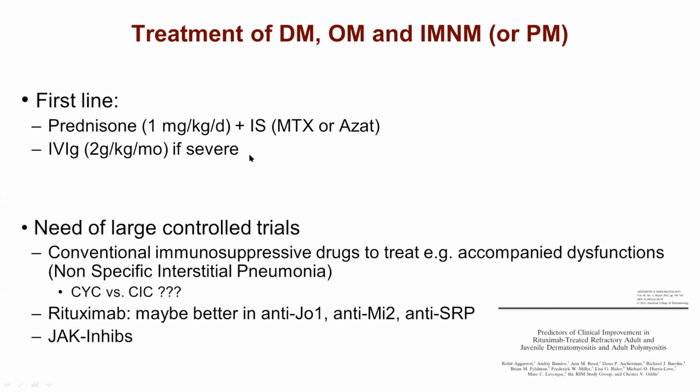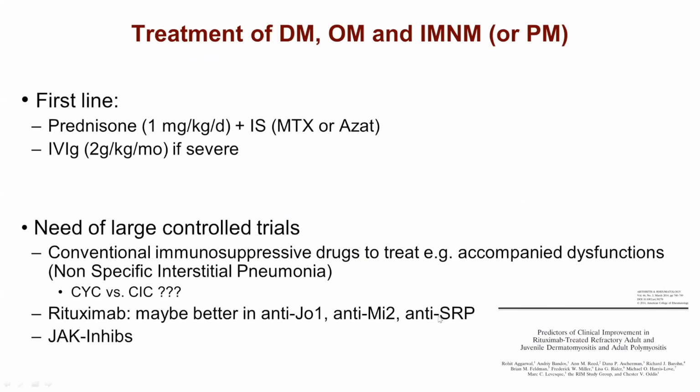Severe means with swallowing troubles or loss of walking capabilities. We really need some large controlled trials to test different immunosuppressive drugs or JAK inhibitors and so on and so forth. For instance, rituximab is maybe more effective in anti-Jo1, anti-Mi2, and anti-SRP patients compared to the others.